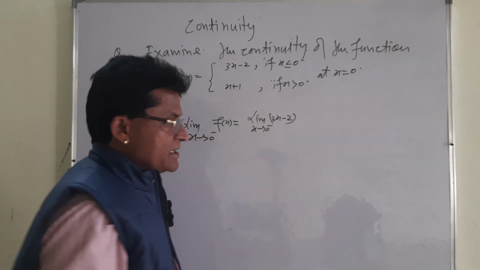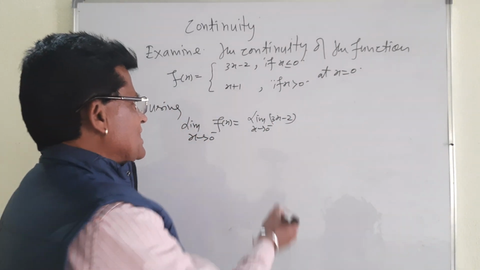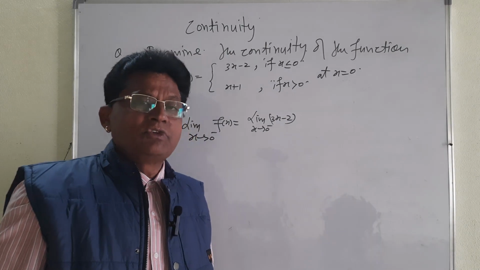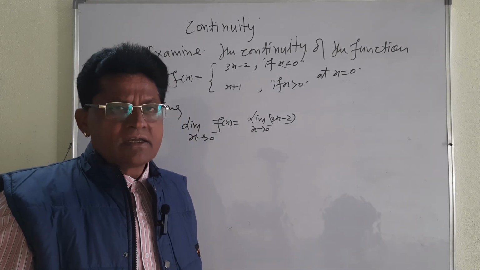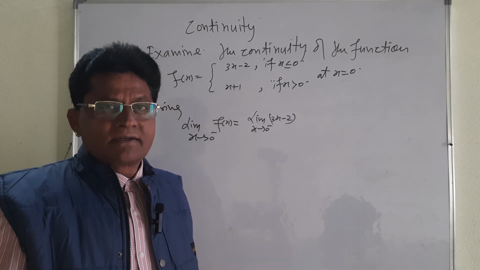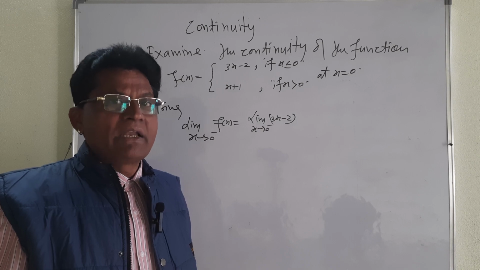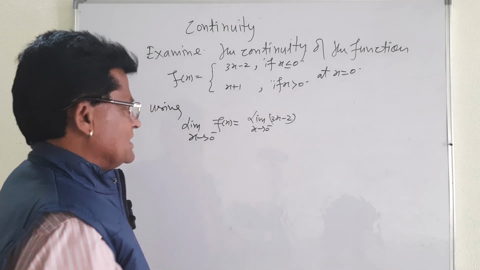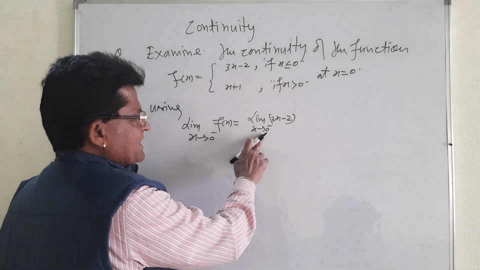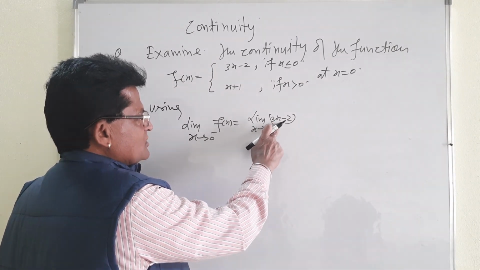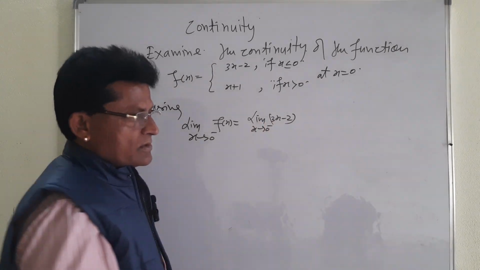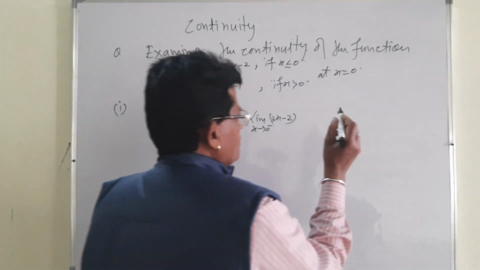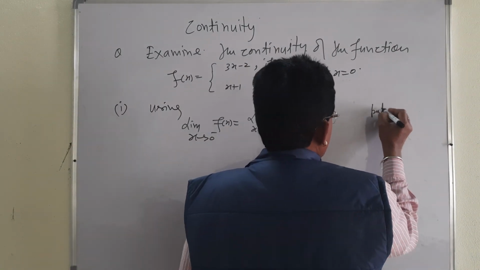In future I will use the procedure as I have used, whether the function is differentiable or not. A similar kind of method I am going to use. Actually, its value will be, if you substitute the limit 0 in place of x, minus 2.